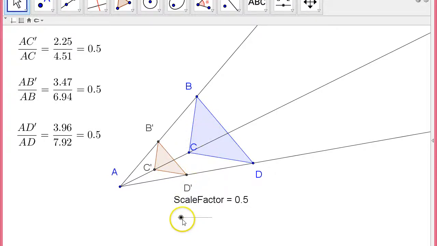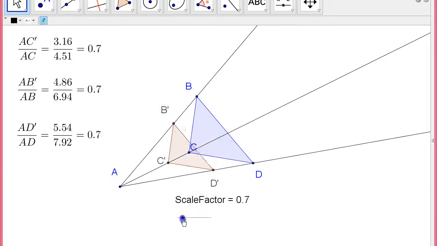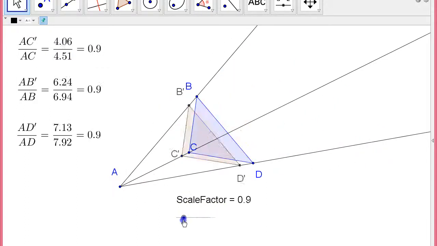If I go twice as far away, the new triangle is twice as big as this one. So notice that A to C is still 4.51, but A to C prime is 9.02, which is twice as much. So that's how it basically works in a dilation, and it's very weird, but this is the mathematical way to describe it.